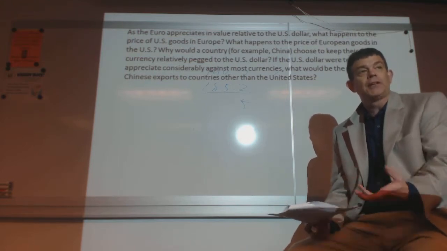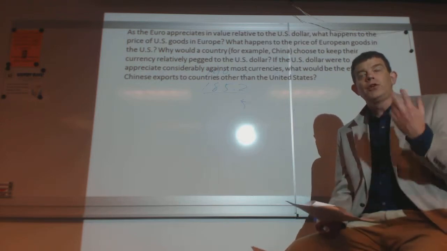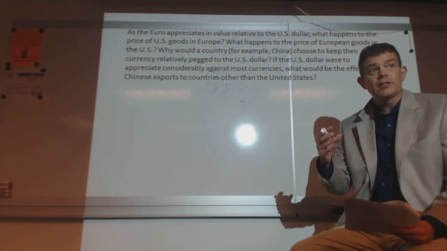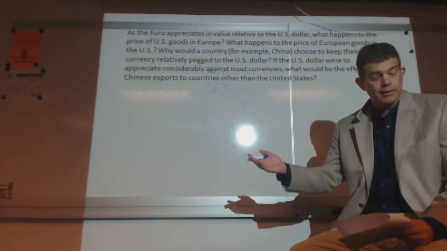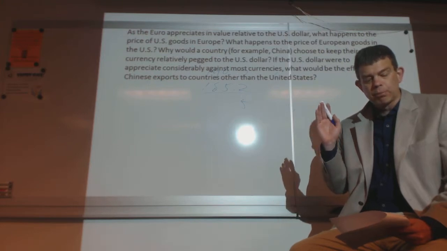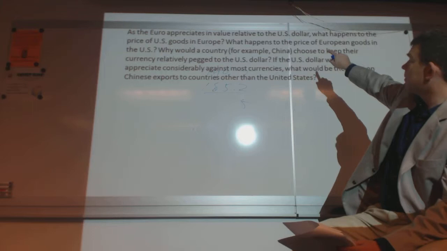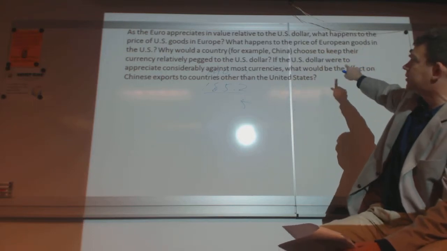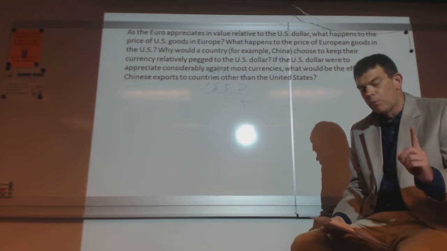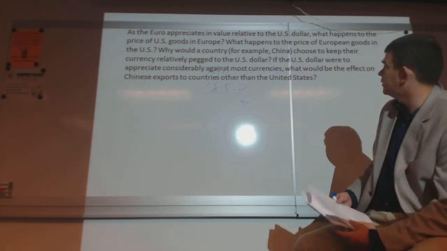An American company doesn't want euros, it wants dollars and vice versa. So if the euro appreciates in value, you'll need fewer euros to buy a dollar, right? So what happens to the price of US goods? What happens to the price of European goods in the United States? Are European goods more expensive or less expensive in the United States?